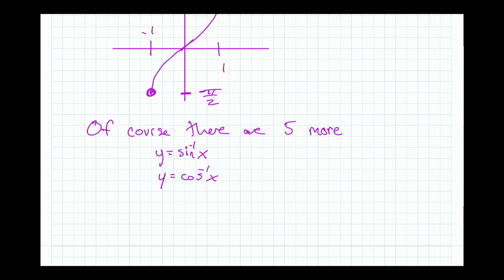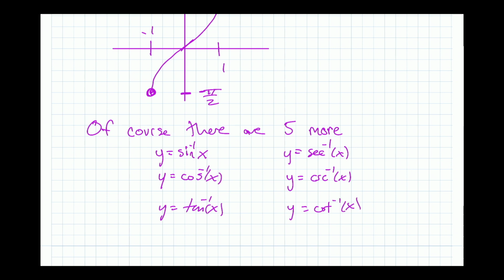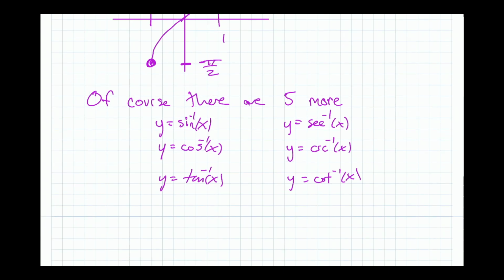Then there's a cosine inverse. There's a tangent inverse. There's a secant inverse. And there's a cosecant inverse. And then there's a cotangent inverse. Put those all in parentheses if you want. Okay, so there are 6 total, right?